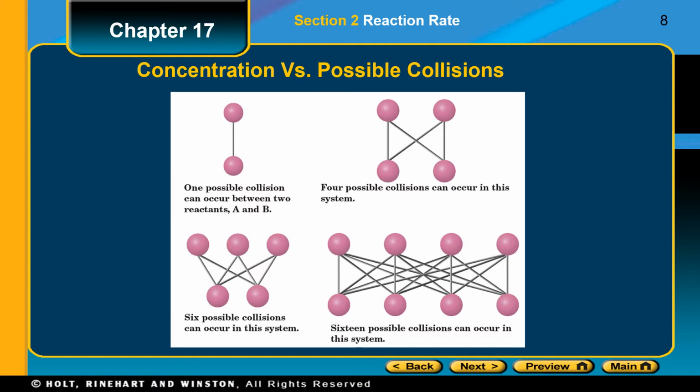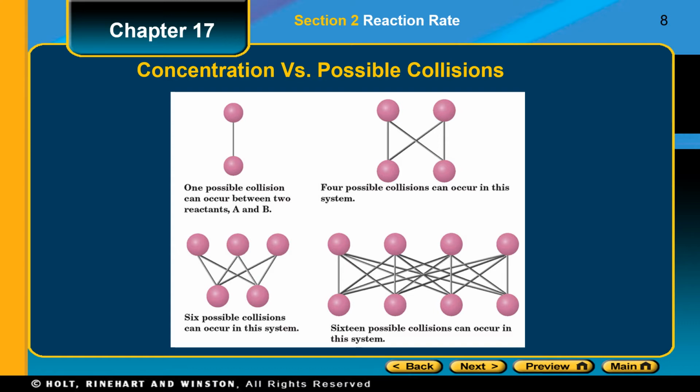So if you just have, in this diagram in the upper left, it says one possible collision can occur between two reactants, between A and B. If I increase the number to 4, like I see in the upper right, I have 4 possible collisions that can occur in this system.